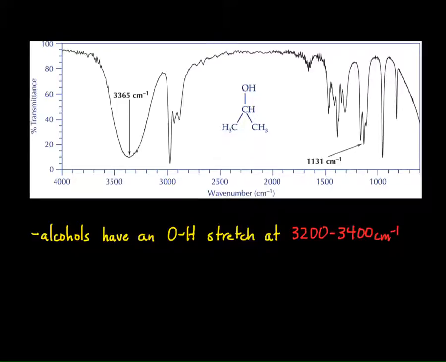So whenever you have an alcohol present, that OH bond is going to stretch, and it generally shows up between 3,200 and 3,400 inverse centimeters. So when I see a very broad stretch, I know I have an alcohol present in my molecule. Notice that's all I can really tell about that particular molecule, that it has an alcohol present, right?